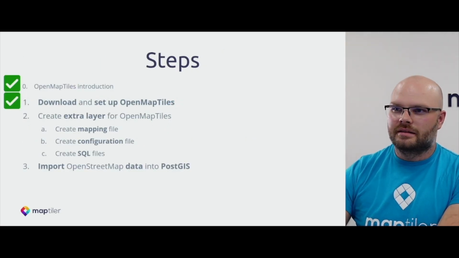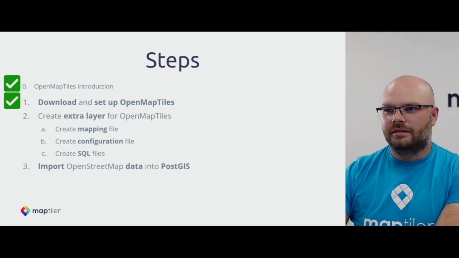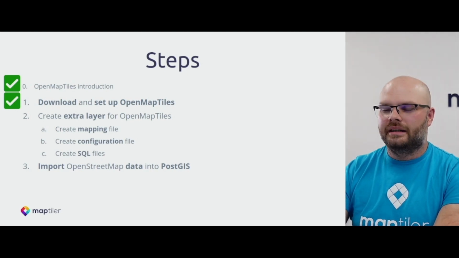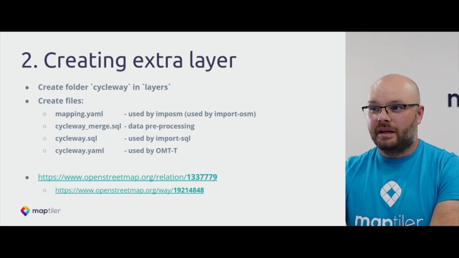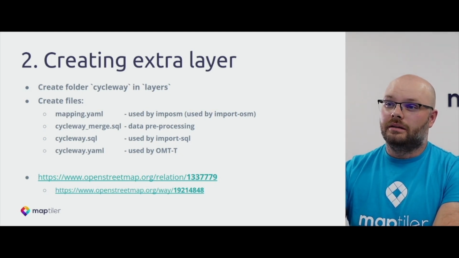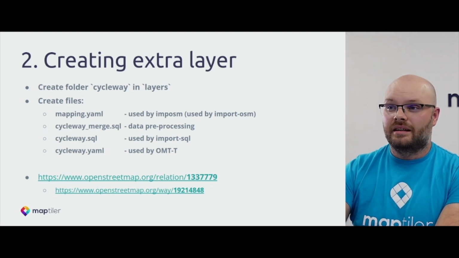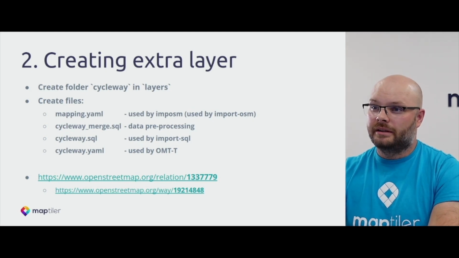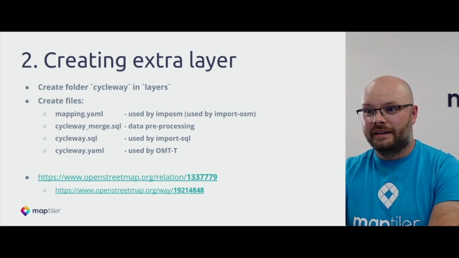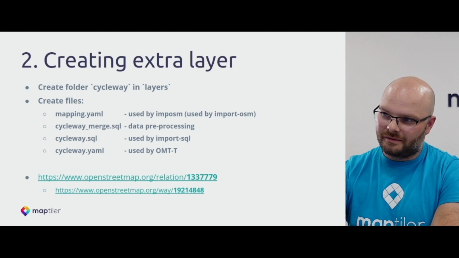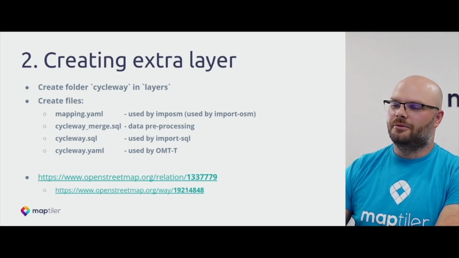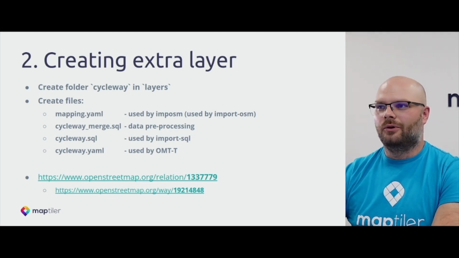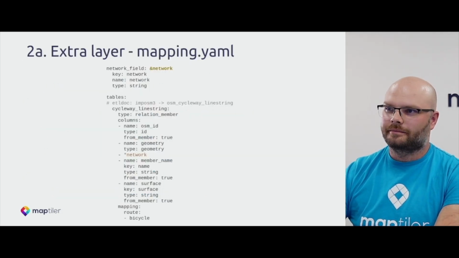Okay. The second step, where we create the extra layer for OpenMapTiles, is creating the mapping.yaml file, cycleway merge.sql file, cycleway.sql file, and cycleway YAML file. These 4 files are necessary to have in the cycleway folder in layers.